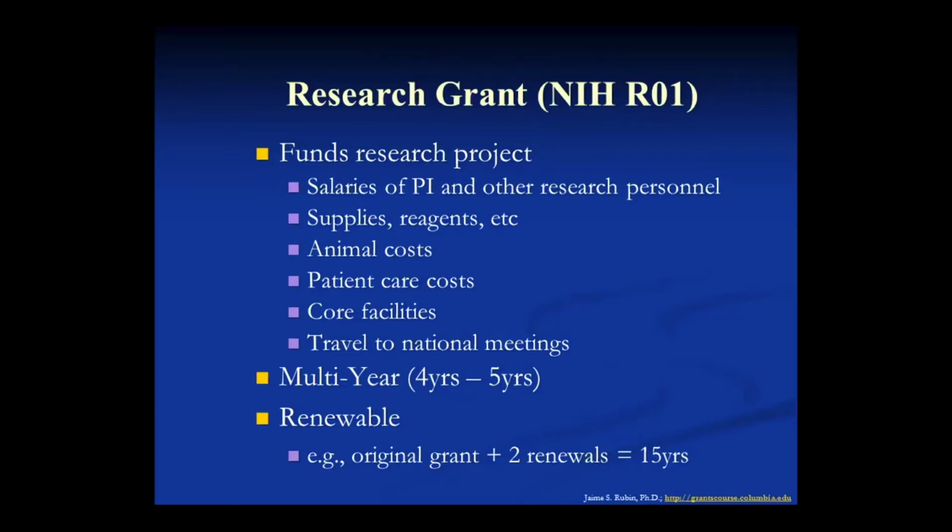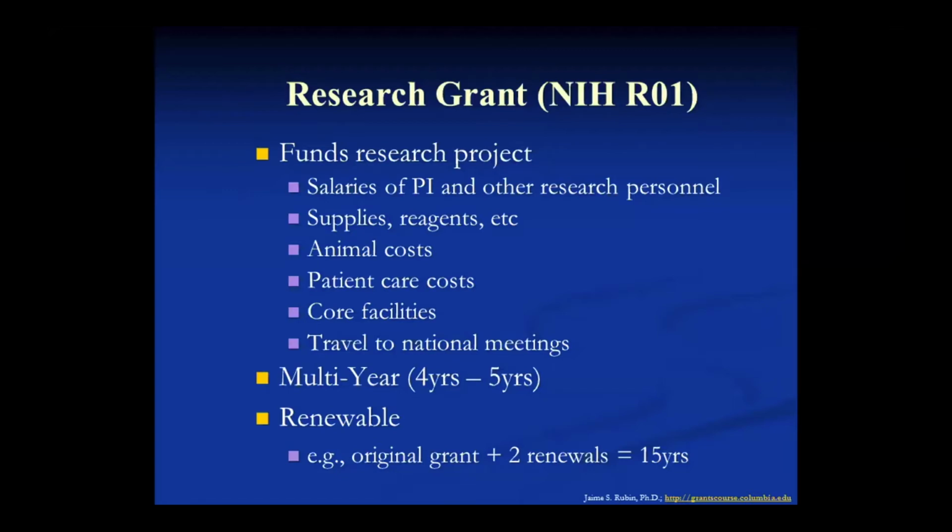It covers any core facilities that are doing some of the testing, or any equipment that you're using from core facilities, and travel, which I hope we start doing again soon, to national conferences to present the results of this NIH-funded research. As I said, they're usually for 4 or 5 years, and they're renewable.